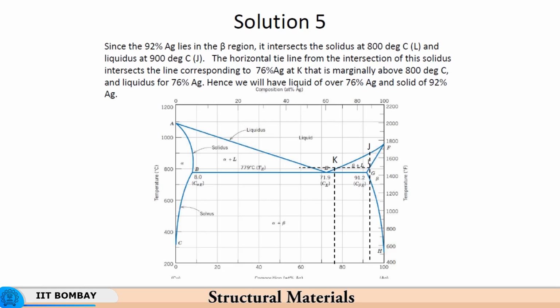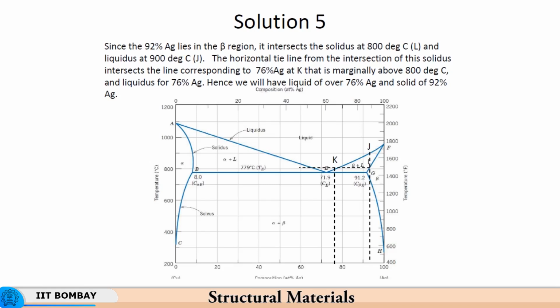and the liquidus for 76 Ag is shown over here. So, it also intersects that, and so the temperature would be marginally above 800 degrees centigrade.